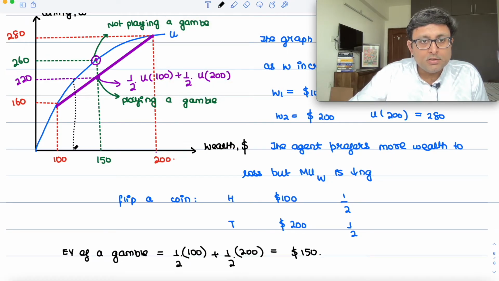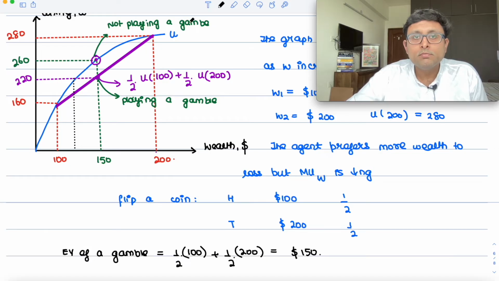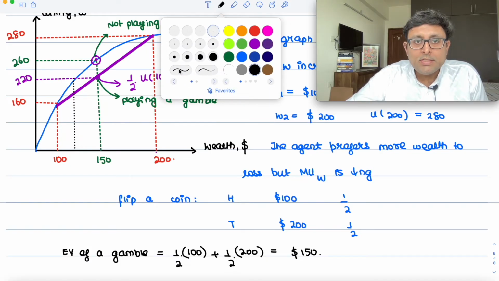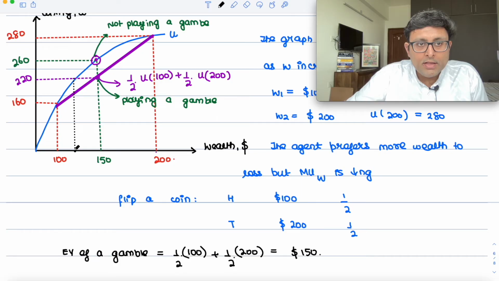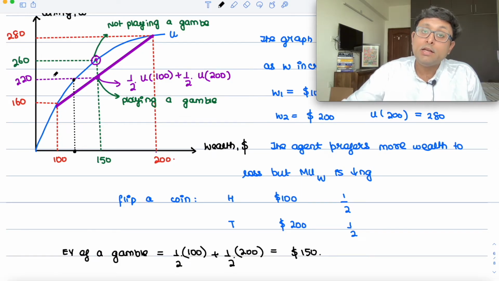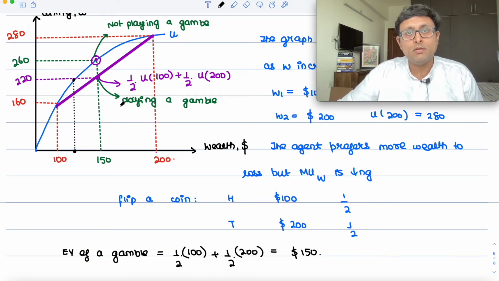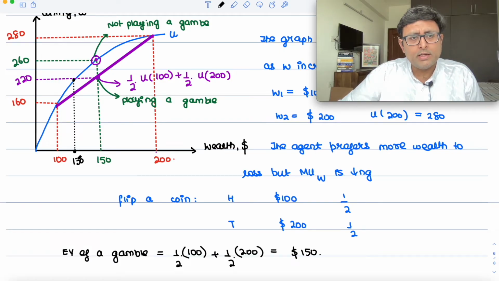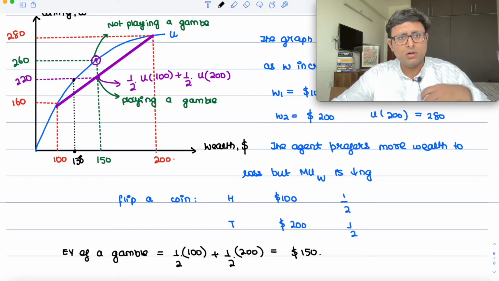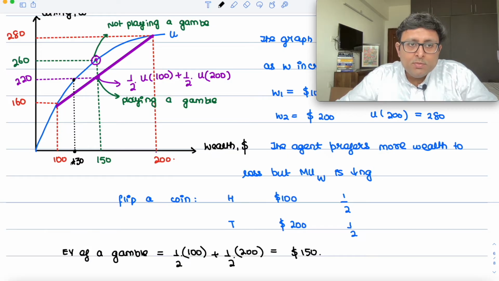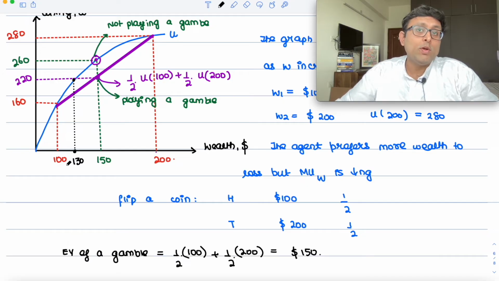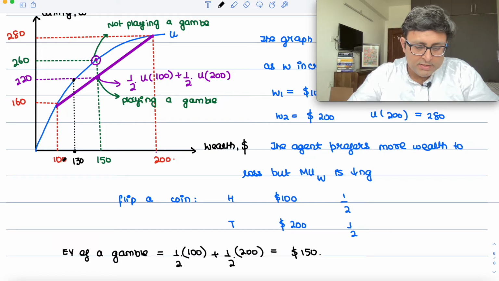This one. So this level of wealth is giving me the same utility level as the gamble would have given me, right? Let us say that level of wealth is 130, for example. So if this was my certain income, this is the certainty equivalent of this gamble.